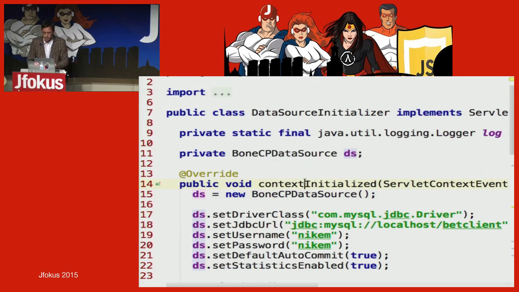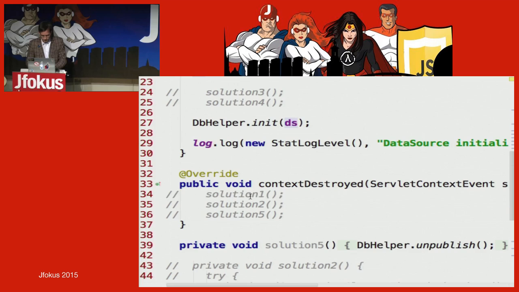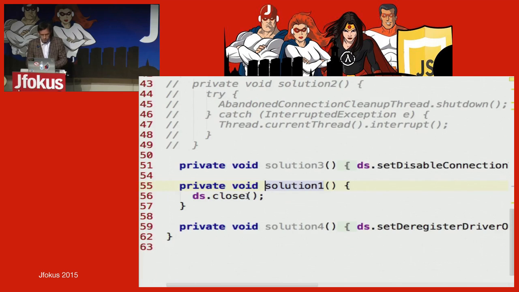Whenever the servlet context is initialized, I create a new data source and then reuse that for all my application. The problem being, when you create a data source in your application, what should you do when the application dies? Obvious question. You should stop that data source, yes. And that's the one thing that I have just completely forgotten to do.